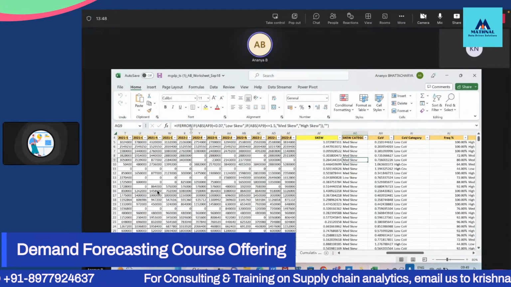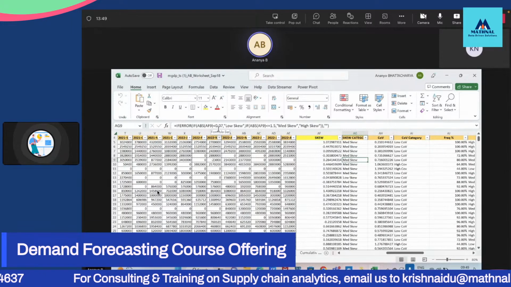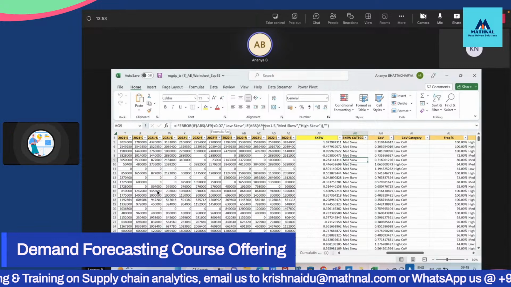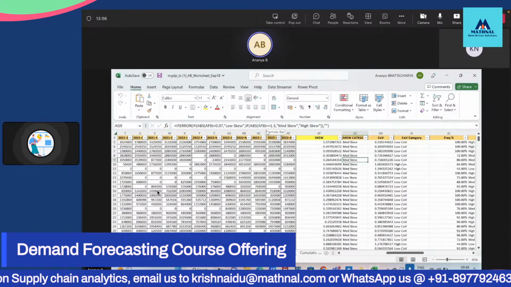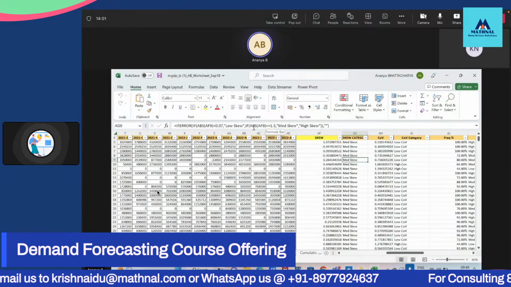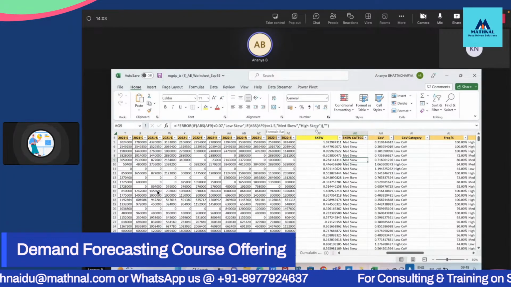Okay, so this one tells us if it is less than 0.07, it is low skew. Between 0.07 and 1.5, this is low skew. Anything above 1.5 should be high skew.